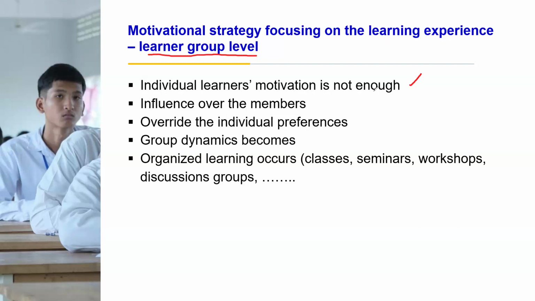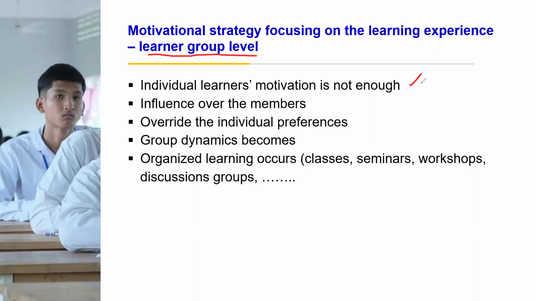And then they mentioned the influence over the members. So when we have something as a group, everyone knows that it would be more powerful to influence the members. And the third one is overall individual preference. As we learn and observe from the class, some activities would favor some part of the students. But as the teacher, you cannot favor that.